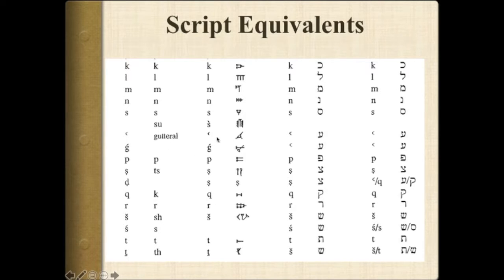It's written as a G with a little accent, and it has collapsed into the ayin in both Hebrew and Aramaic. Pe and tzadi are the same, but notice there is in Proto-Semitic and Ugaritic an emphatic D, and in Hebrew it is represented by a tzadi, but in Aramaic either by an ayin or a qof.